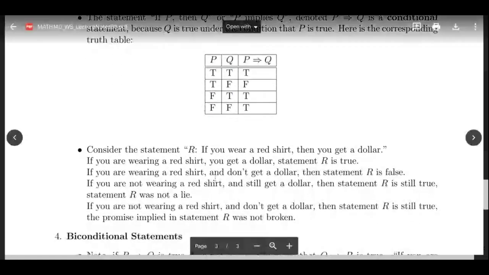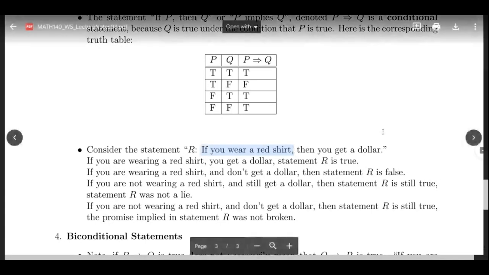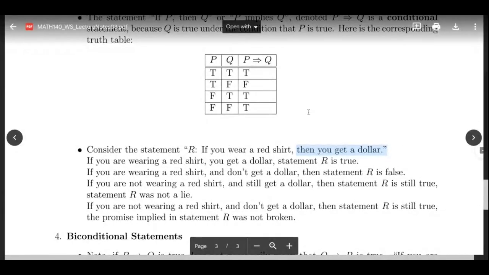Let's see an example. Let's say R is made of P and Q. P is, you wear a red shirt, and Q is, you get $1. So this is a conditional statement.